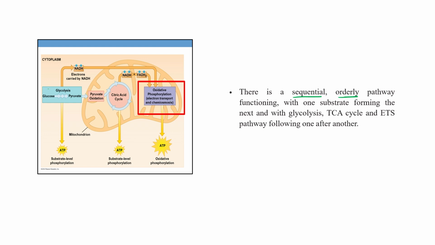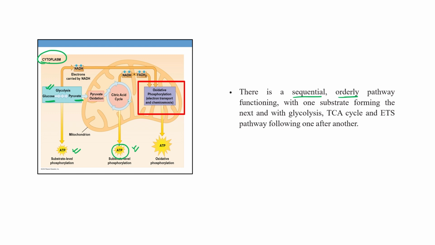First step, glycolysis, which occurs in the cytoplasm, where glucose gets converted into pyruvate and a little bit of ATP is produced. Then pyruvate enters the mitochondria where pyruvate oxidation occurs. It converts first into acetyl coenzyme A, which combines with oxaloacetic acid and produces citric acid, the first product of the Krebs cycle or citric acid cycle, and a little bit of ATP is produced here also. These two are known as substrate level phosphorylation.